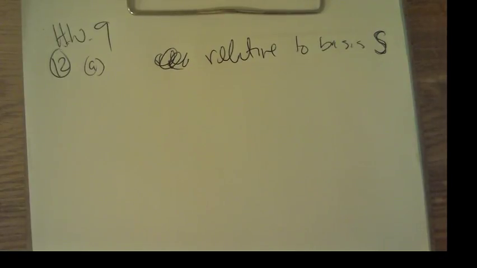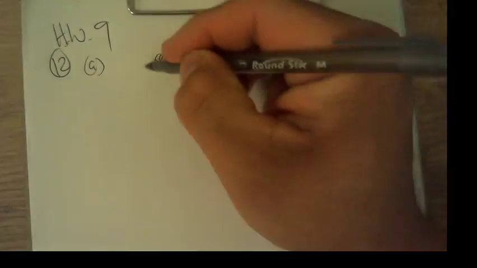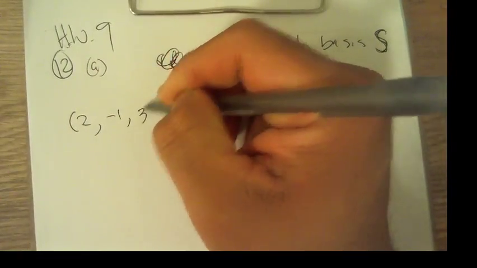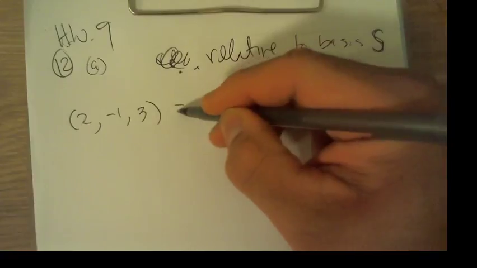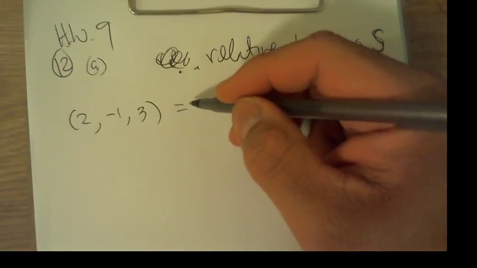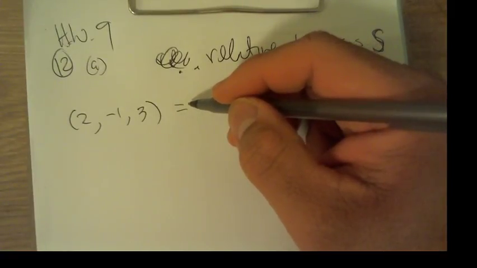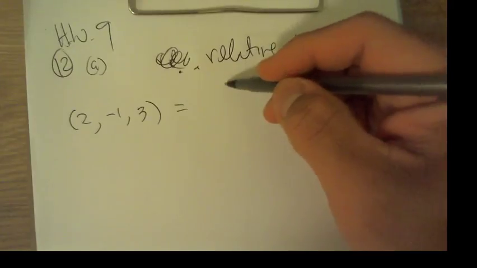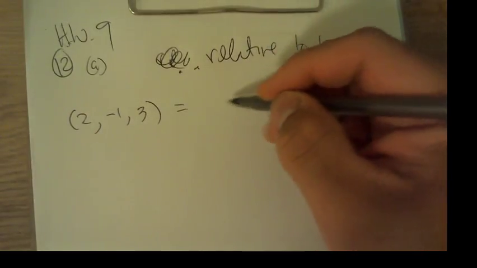Okay, so it should say that relative to basis S, which means that for part A, what we'd like to do is, again, it comes to solving out two, negative 1, 3.